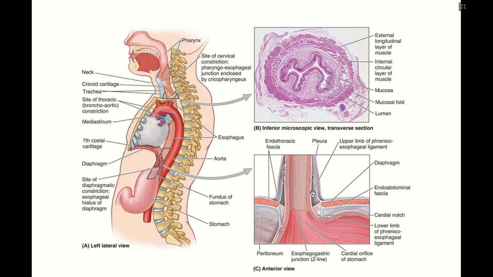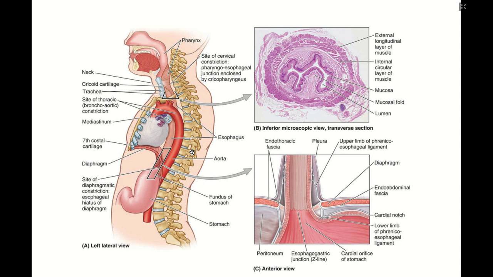And if you remember very well from our thorax anatomy, we said that the esophagus is constricted in three regions, right? The first region is going to be at your pharyngeal esophageal junction, right? That's the first, and that's where we have our upper esophageal sphincter.